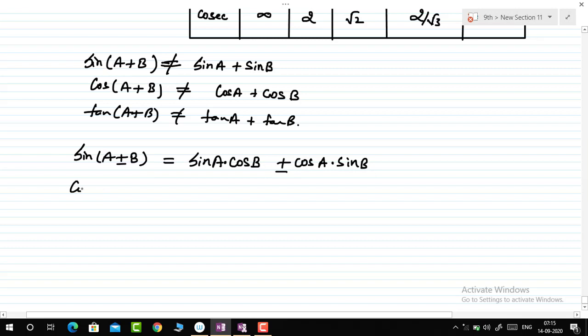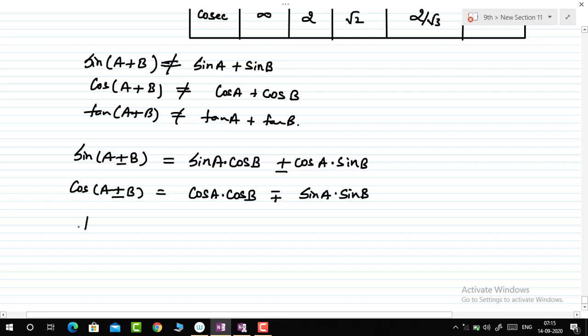Similarly, cos A plus B equals cos A cos B minus sine A sine B, and if I place a negative here, then the sign will be positive.